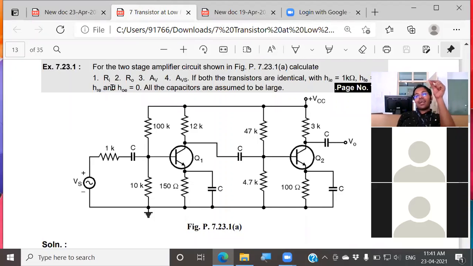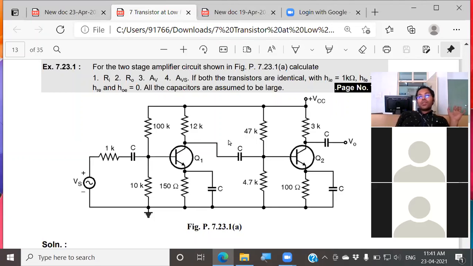Irrespective of the load resistance, hoe RL is 0, which is obviously less than 0.1. So hoe RL less than 0.1 is strictly satisfied.